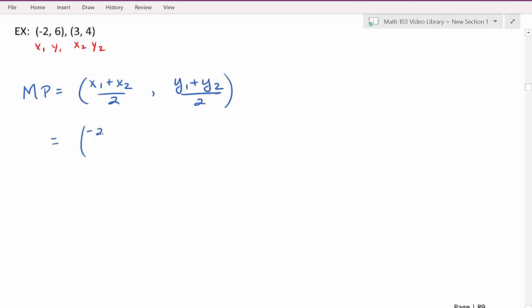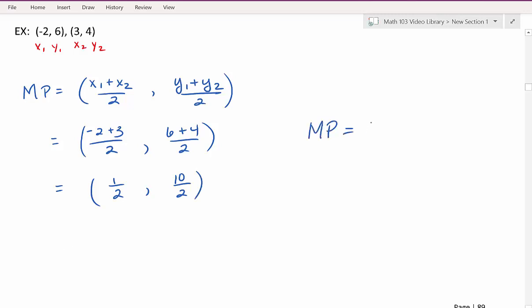For x, we'll have -2 plus 3 divided by 2, and for our y, we'll have 6 plus 4 divided by 2. This gives us 1 divided by 2 for our x-coordinate, 10 divided by 2 for our y-coordinate. We get a midpoint of (1/2, 5).